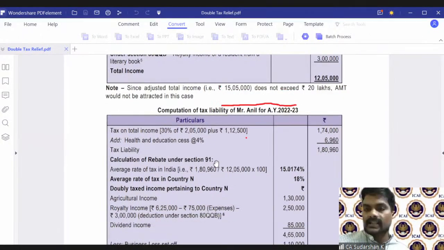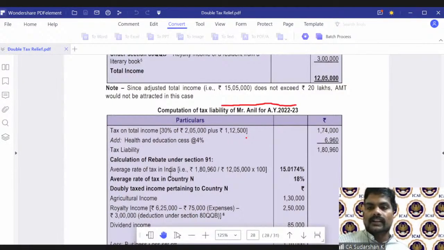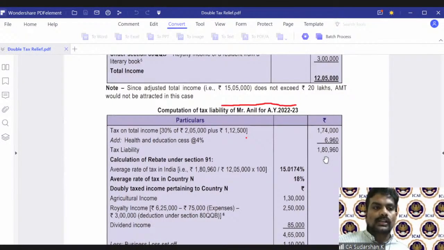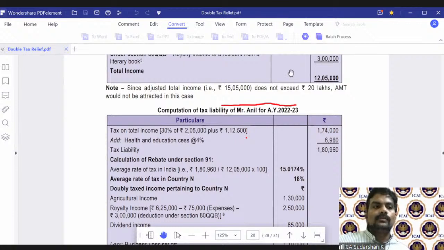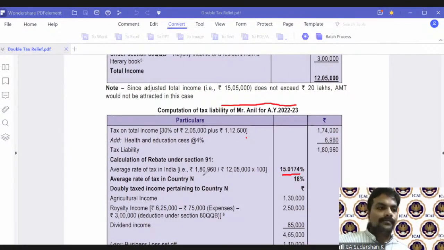Now, rebate under section 91. Your average rate of tax in India is the tax on total income, which is 1,80,960, divided by your total income, which is 12,05,000, and it comes to 15.01%. Average rate of tax in the other country is 18%.